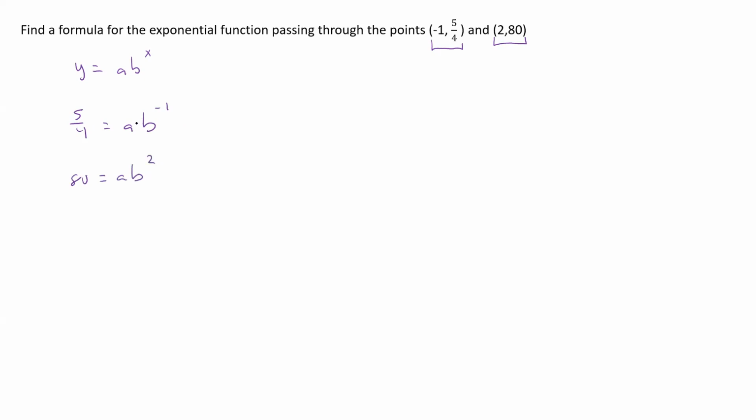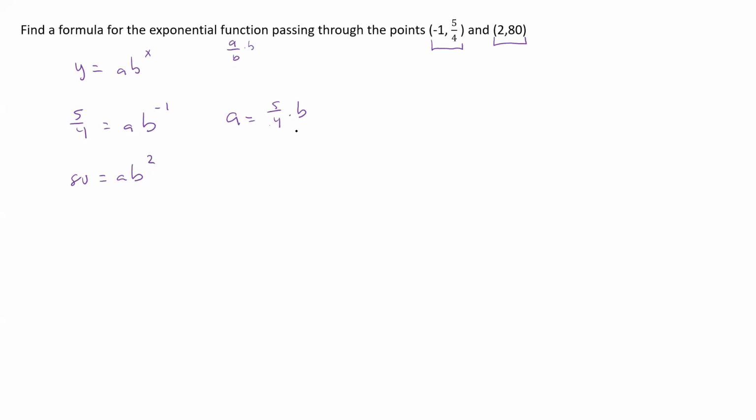Now what I'm going to do is I'm going to solve the first one for a. You can solve the second one for a, it doesn't matter, and then plug it into the other one. And so if I solve the first one for a, what I'm going to have to do is multiply both sides by b, and so I get 5/4 times b. Because when you have b to the -1, that really makes it a over b. So to get rid of it, you have to multiply by b.